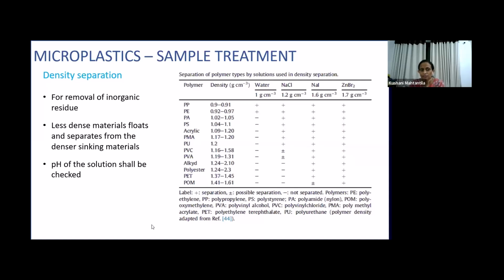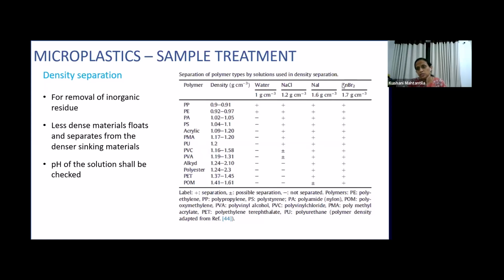Less dense materials float and separate from the denser sinking materials. Saturated sodium chloride has a density of 1.2 grams per cubic centimeter. So using sodium chloride, we can separate up to polyurethane only.